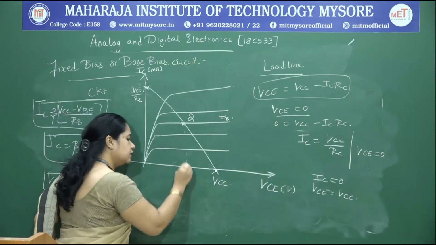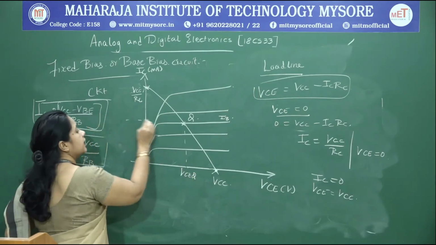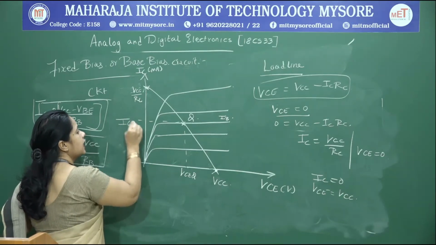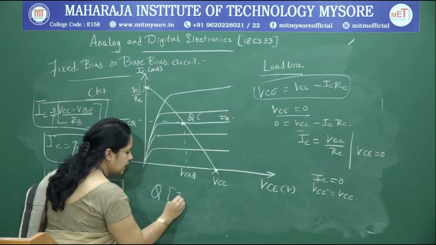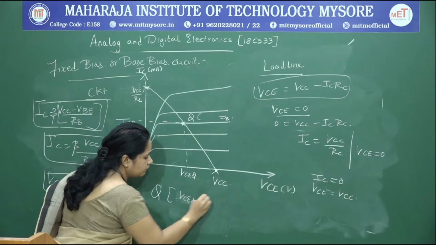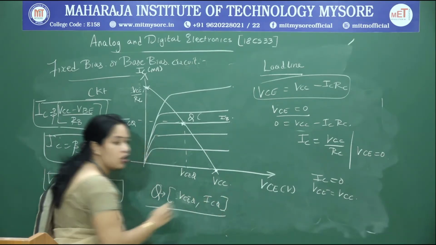The corresponding value of VCE we call VCEQ, and the corresponding value of IC we call ICQ. So, the quiescent point has coordinates x coordinate VCEQ and y coordinate ICQ. This is how I determine the operating point.